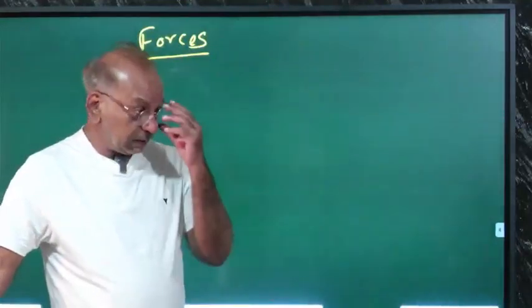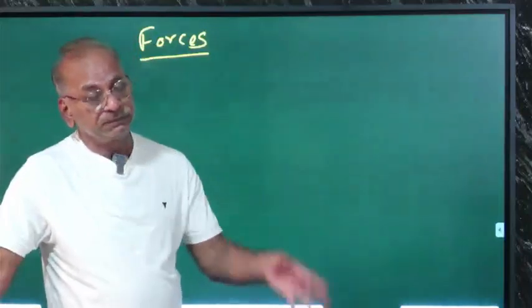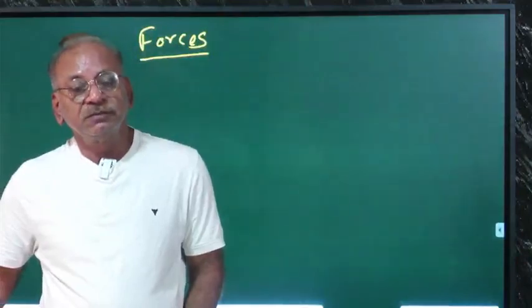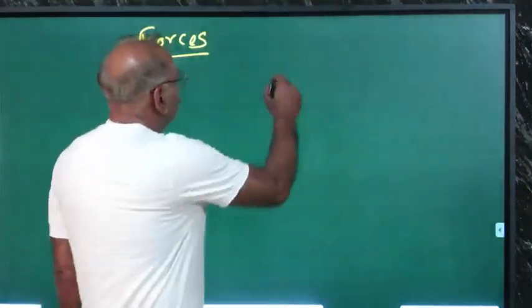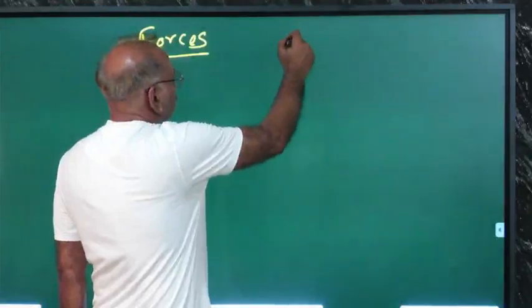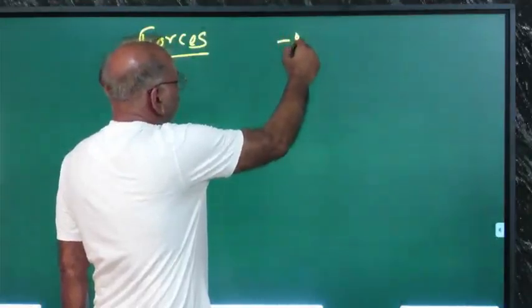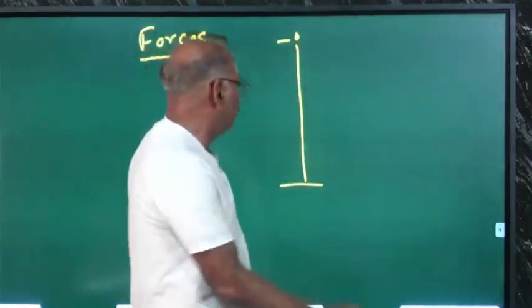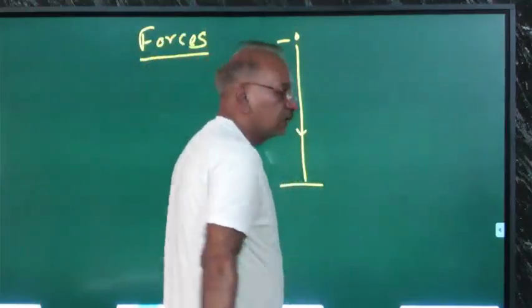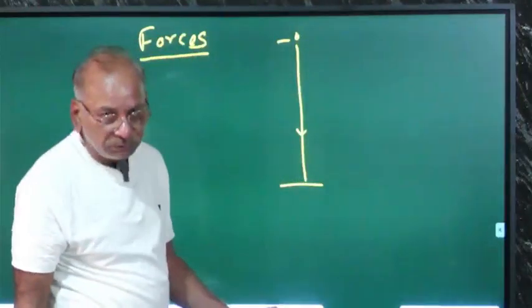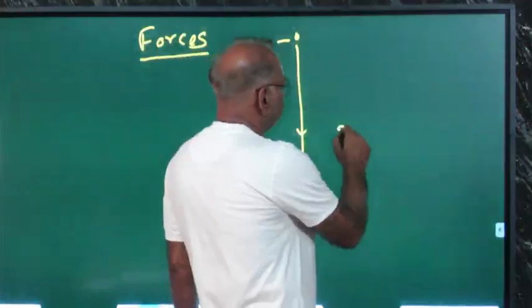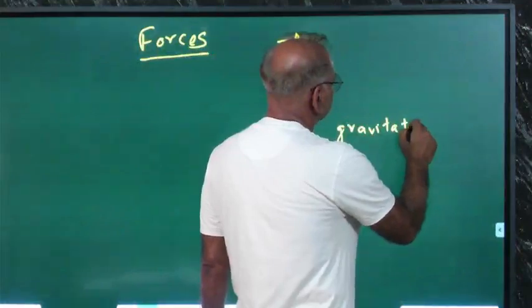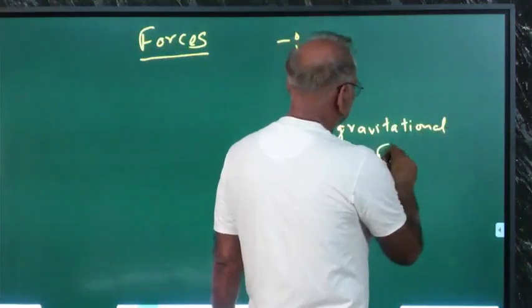But there are a lot of other forces, like you drop a ball from the 3rd floor ceiling and it comes down to the ground. There also a force is involved that we all very well know is gravitational force.